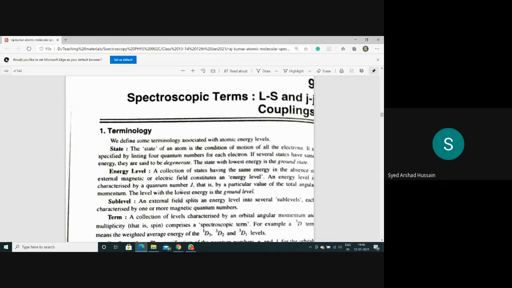So far we were studying the case having only one optically active electron. So the Hamiltonian was p squared by 2m minus Z squared by r. It was very simple, but when you have more than one optically active electron, then kinetic energy, potential energy, everything will be changed.